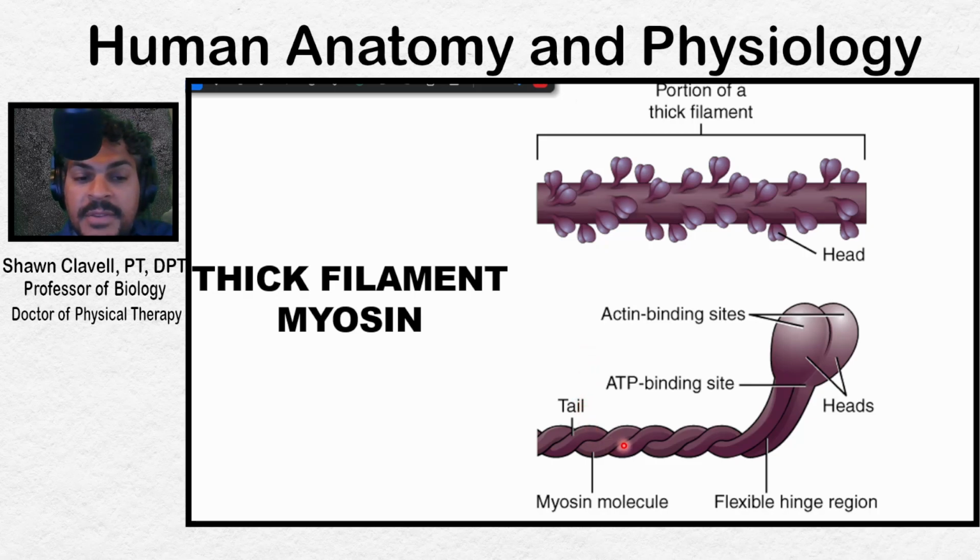You can see this twisted structure as well as the hinge region, which allows for a good muscle contraction. These myosin heads are mechanically pictured like springs. So when a muscle is contracting, it's almost like it's being wound up and then whipped forward in terms of that mechanical structure.